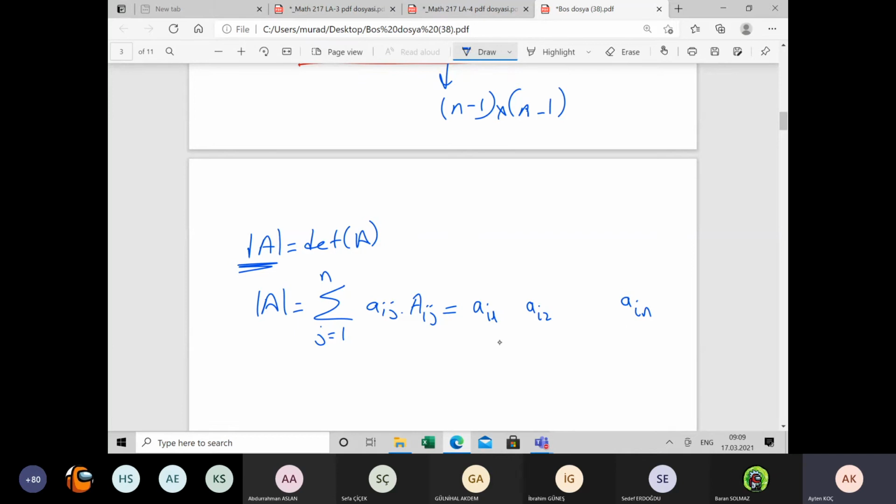Write the corresponding capital A i1, plus A i2, plus up to A in.